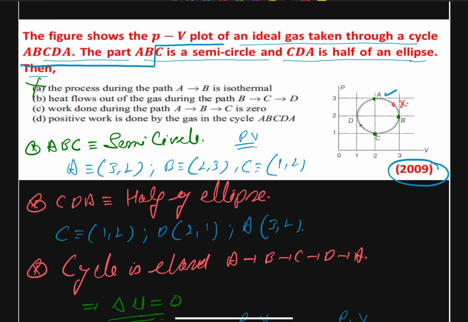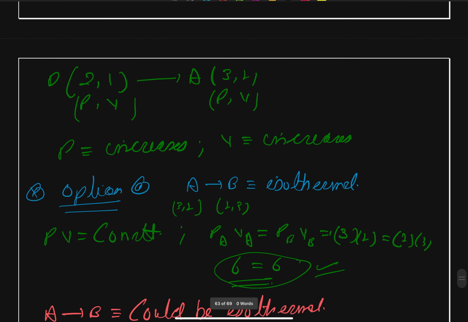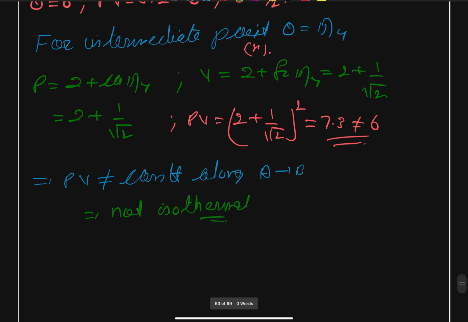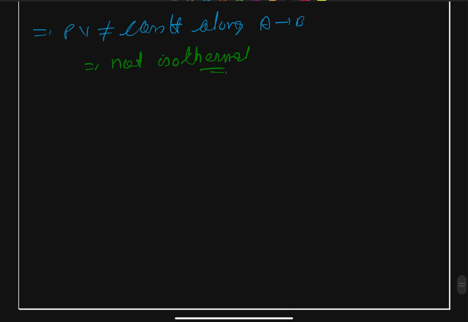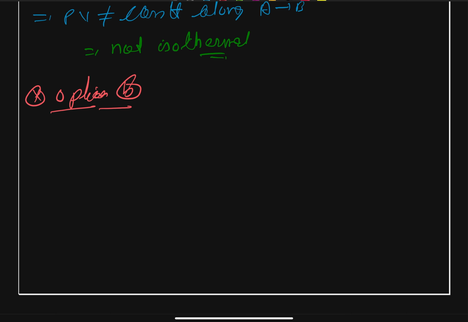Now it says that heat flows out of the gas during the process BCD. That is our option B. Let's start with option B. From the first law of thermodynamics, we know that delta U is equal to Q minus W. We have to find out whether heat flows out of the gas, so Q must be negative.